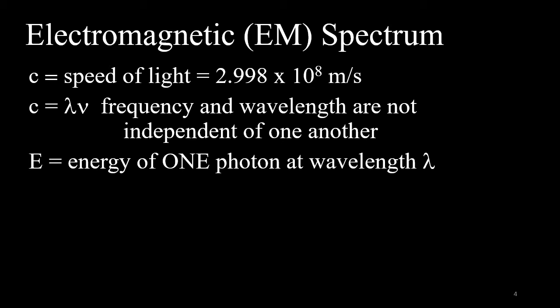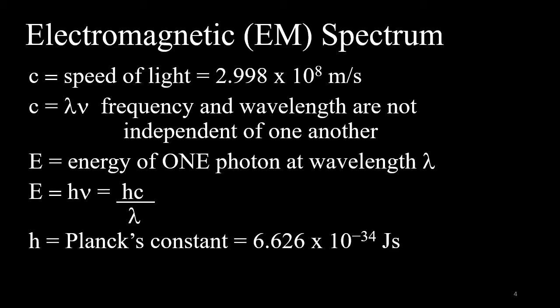E for energy is the energy of one photon at wavelength lambda, and the fact that it's one photon is an important point. So E equals h nu, and h is Planck's constant. Again, it's on the constants and formulas sheet. And that is joule seconds, not joules per second, joules times second for that unit.